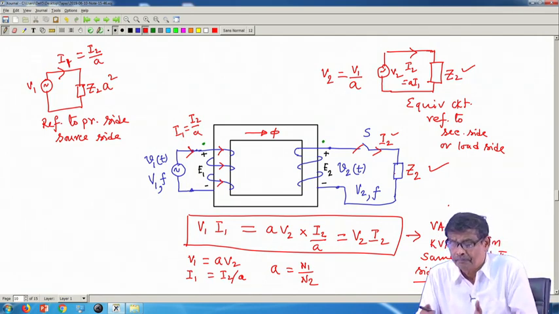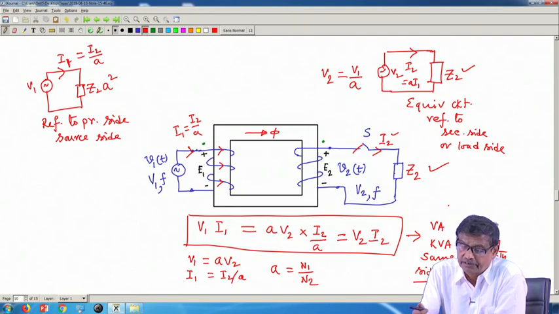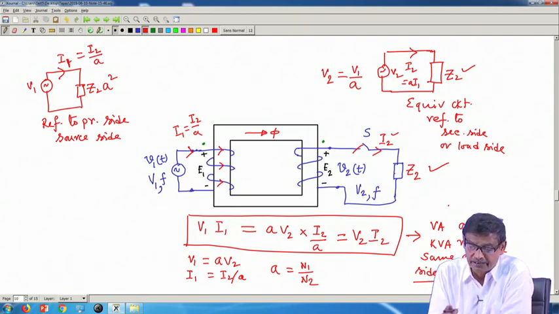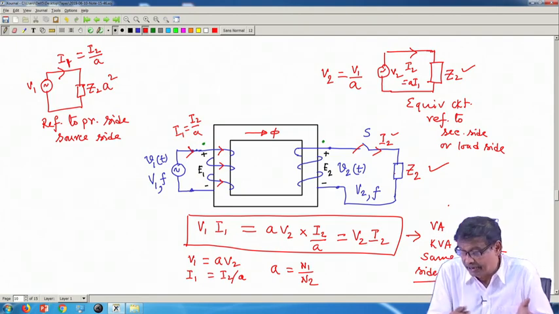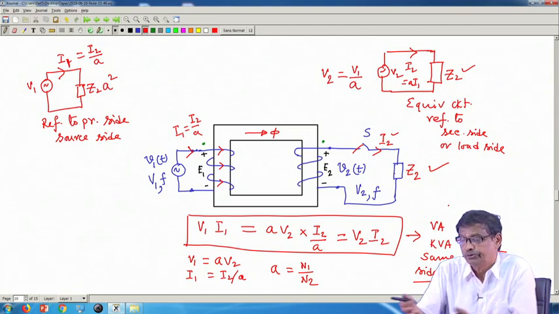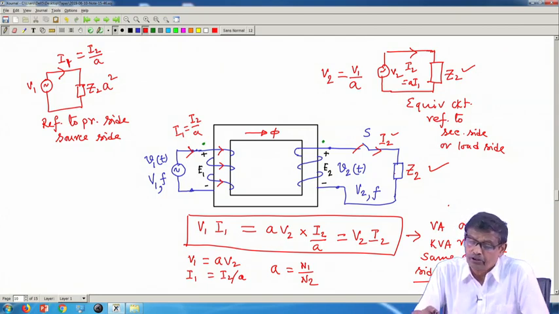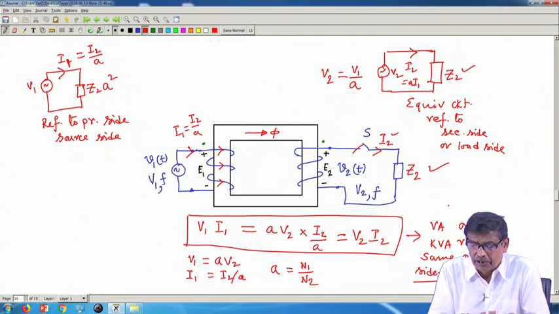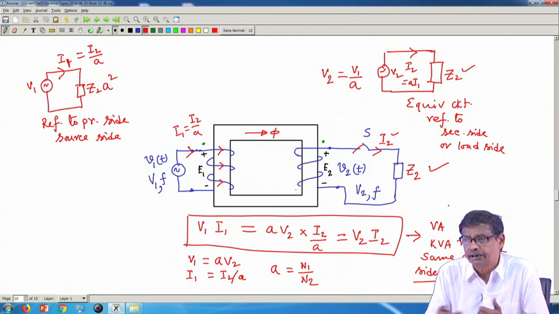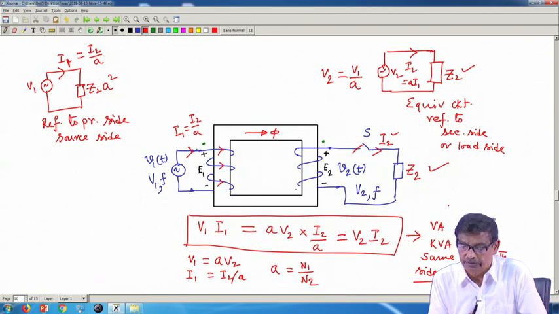Or you can consider this simple circuit, which is much simpler than the apparently complicated circuit here, just a source and an impedance, solve for the current I2, then come back to I1 by noting the transformation ratio.